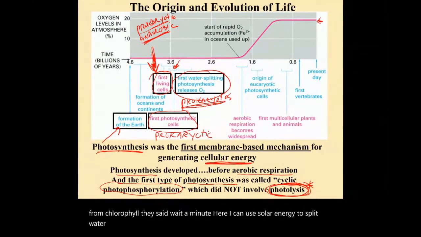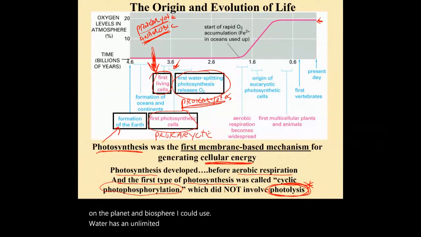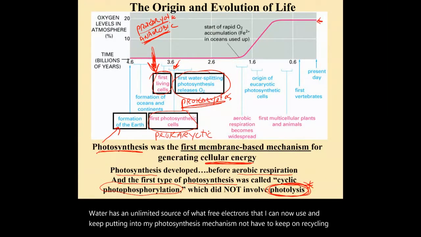And when I split water, I'm going to get 2 hydrogen electrons, 2 hydrogen protons, and I'm going to get leftover oxygen gas. I don't want the oxygen gas, but boy, I could use water, which was so important in biology on the planet and biosphere. I could use water as an unlimited source of what? Free electrons that I can now use and keep putting into my photosynthesis mechanism, not have to keep on recycling the same pairs of electrons.